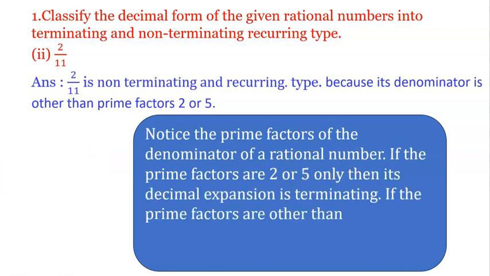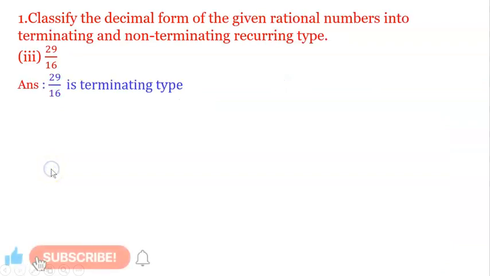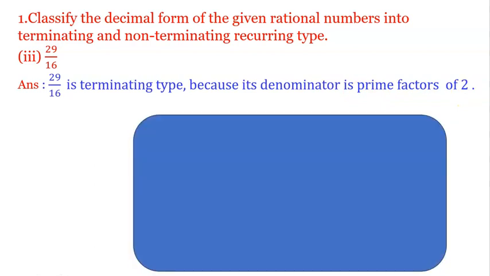The same rule applies here. Next, 29 upon 16 is a terminating type because its denominator has the prime factor 2. Again, I am repeating the rule.